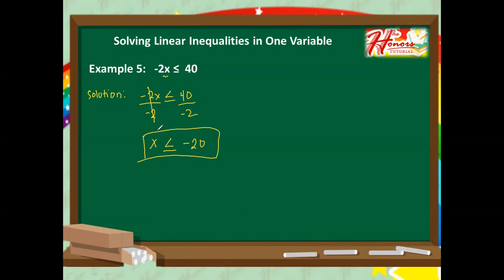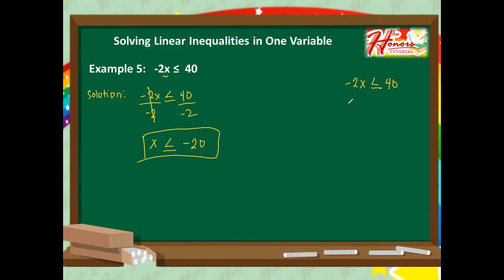What if we use negative 20 here? I will prove to you this equation should have negative 20 or numbers that are less than negative 20 for this equation to be true.